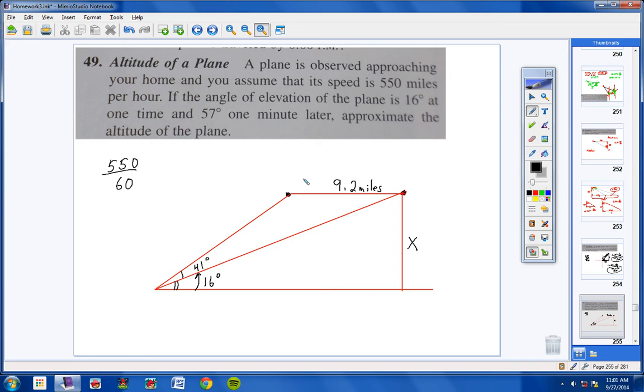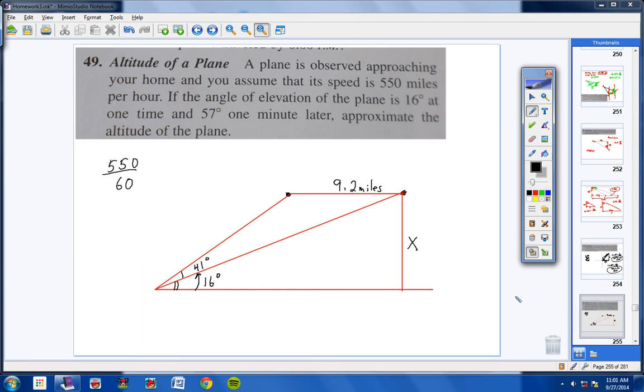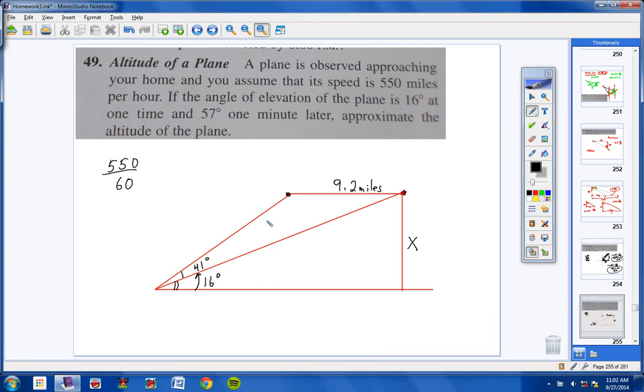Now, the first thing I want to point out to you is this. There's definitely more than one way to solve this problem, but for me, students, I'm seeing these lines right here of elevation go up from here to here and here to here. So I said to myself, it's probably better if I draw my right triangle like this.